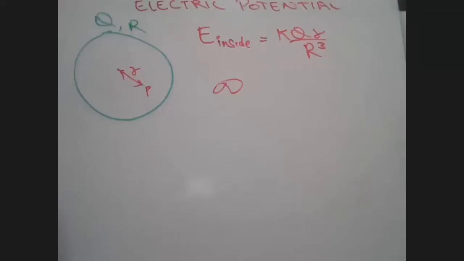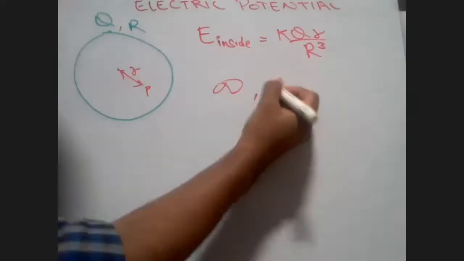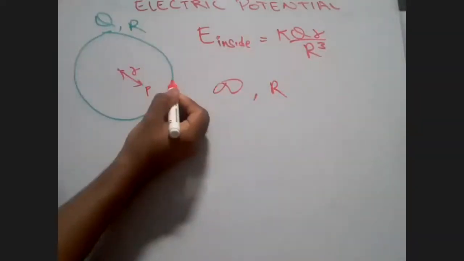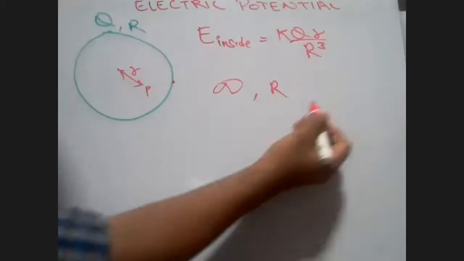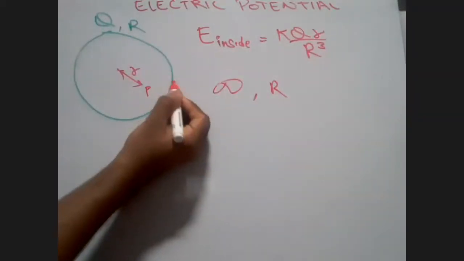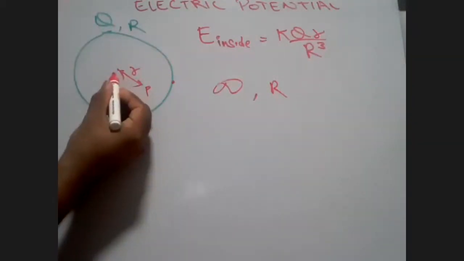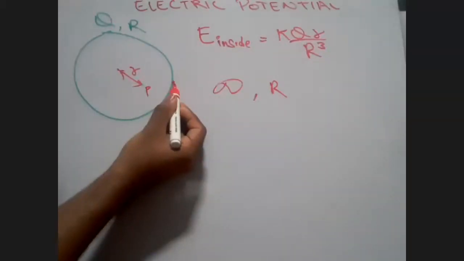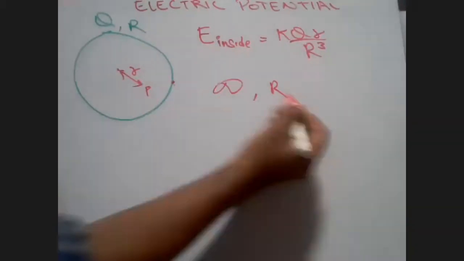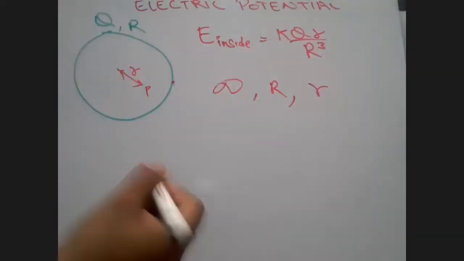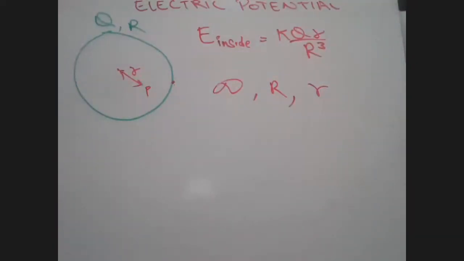I brought it from infinity to the surface, where the distance from the center of the sphere is capital R. Then I took it inside, and the distance became small r. Is this clear? Anyone has a doubt? Tell me.